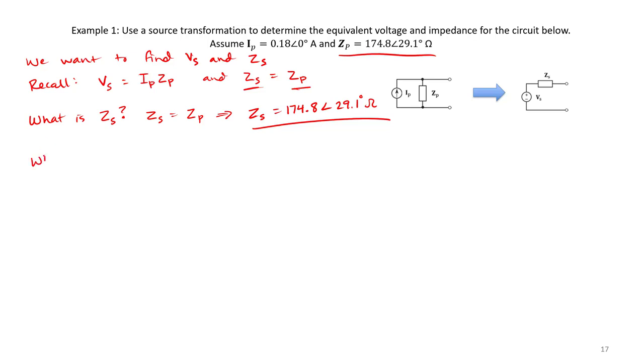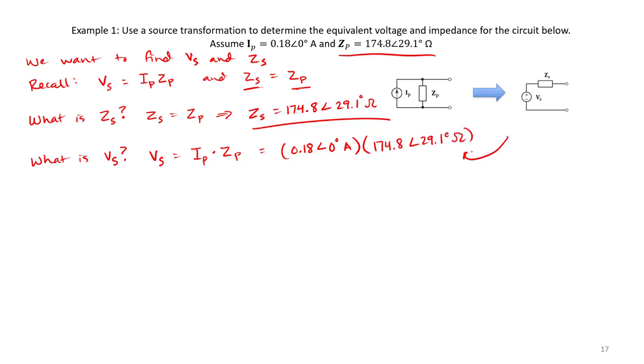All right, then. Now we just need to find Vs. And we know Vs is going to be Ip times Zp. So we substitute. Ip was 0.18 angle 0 degrees amperes. Zp was 174.8 angle 29.1 degrees ohms. So be careful of units here.